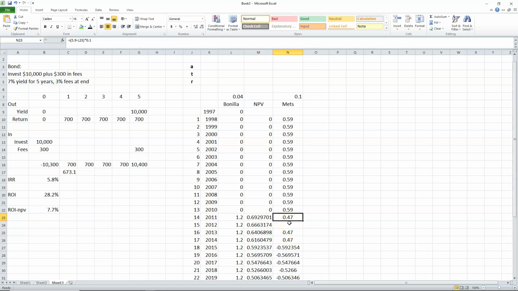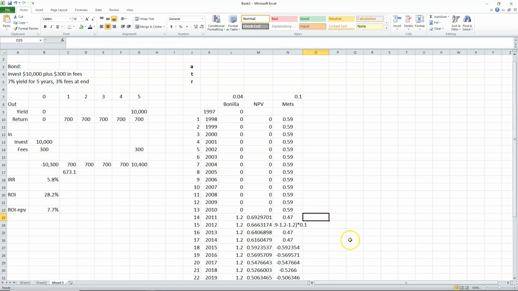And it's multiplied by 10%. So what I need to do is 5.9 minus the 1.2 minus 1.2 and times 10%.